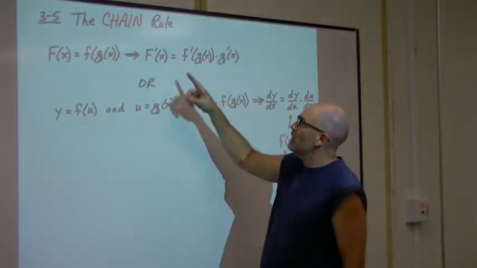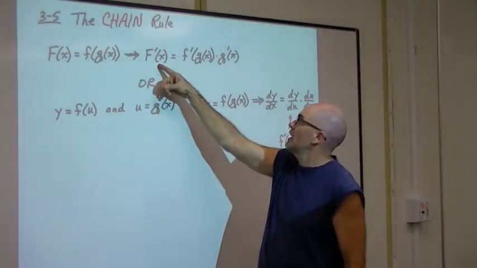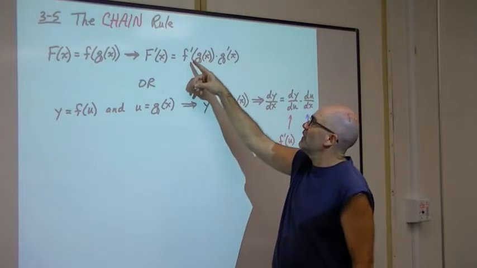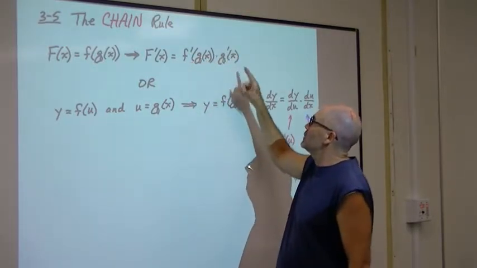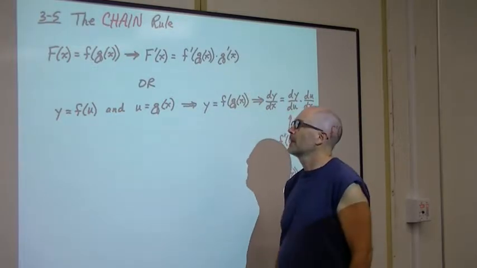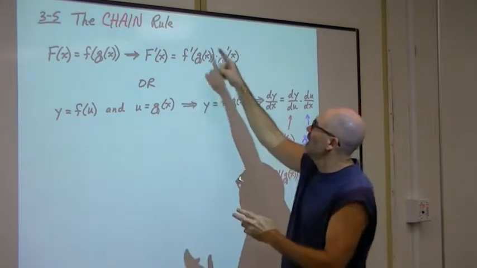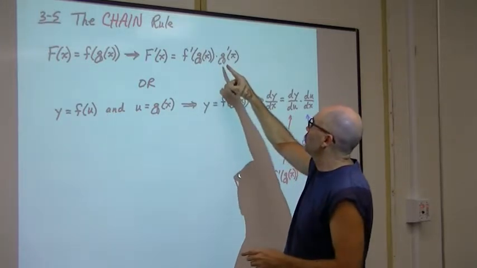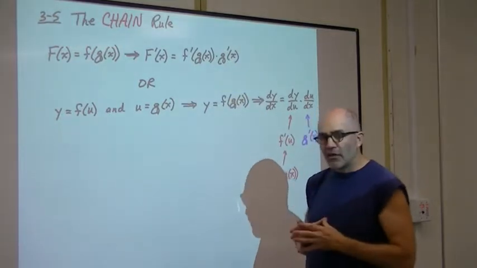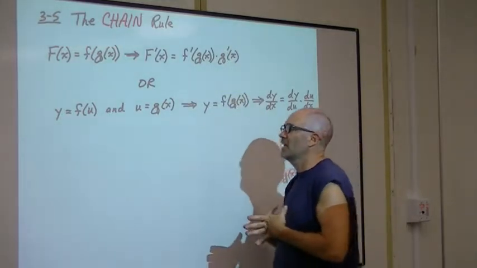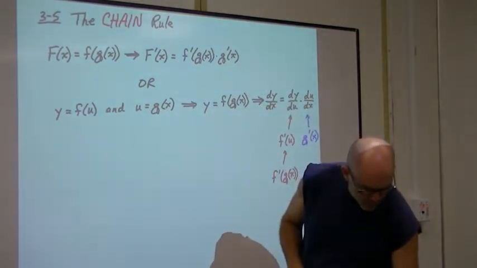Now, the derivative of this capital F function is going to be the derivative of f of g of x times g prime of x. Okay, so we're going to take the derivative of the outer shell, and then you take the derivative of the inside and you multiply.